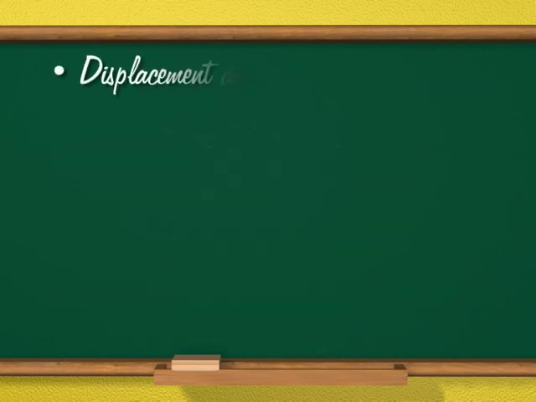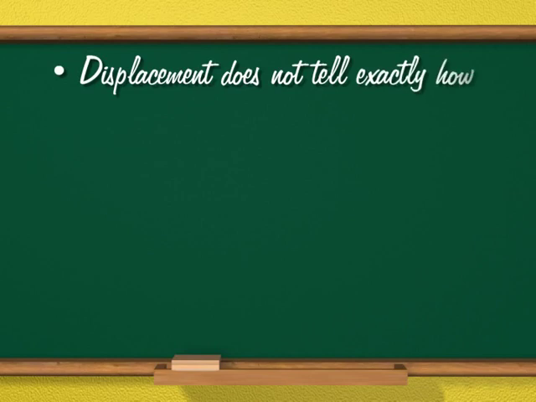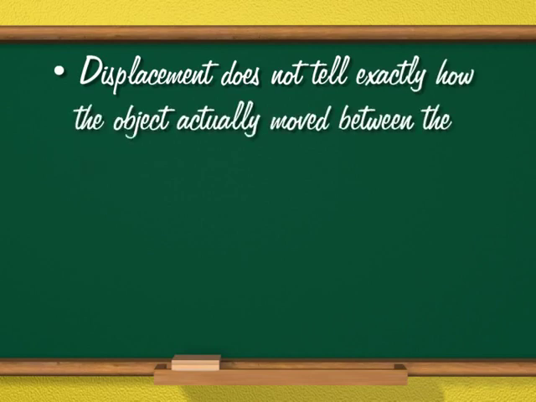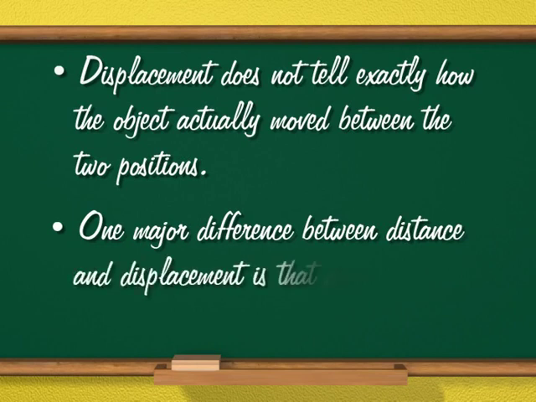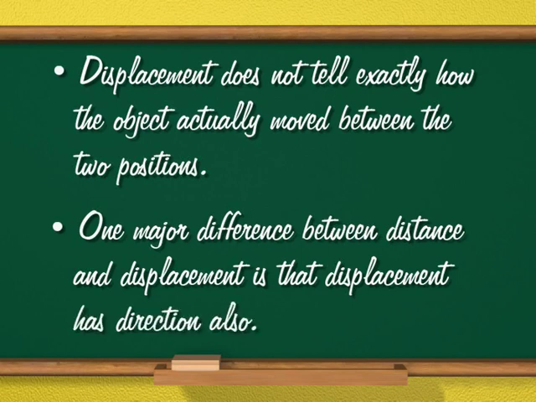Displacement does not tell exactly how the object actually moved between the two positions. One major difference between distance and displacement is that the displacement has direction also.